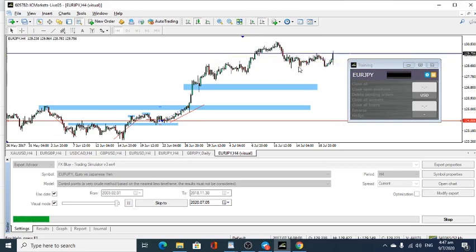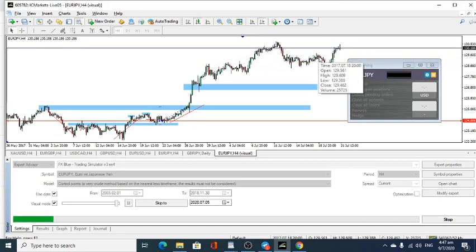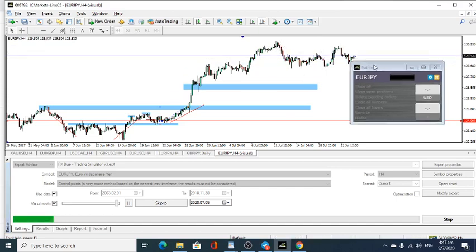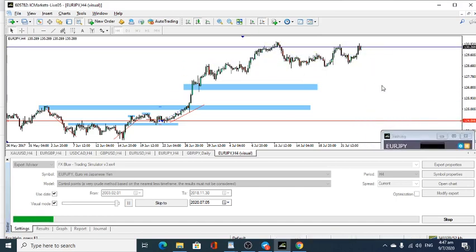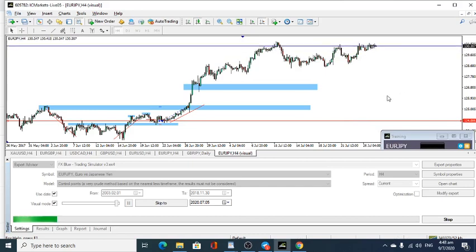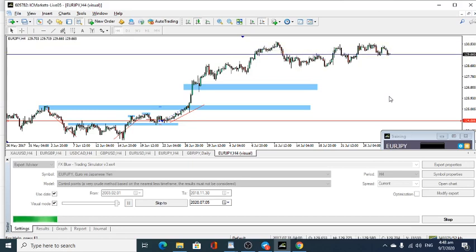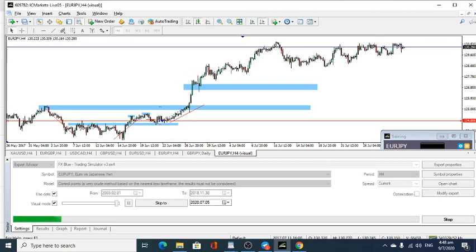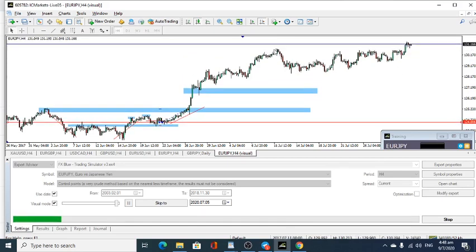So now number 1, number 2, number 3. So first time will break out here, it's still going to go lower. Broke the support. Oh, it's going to go higher now.